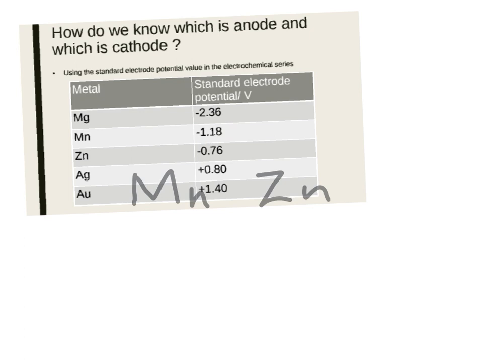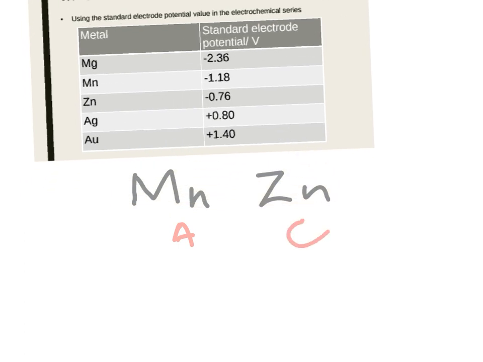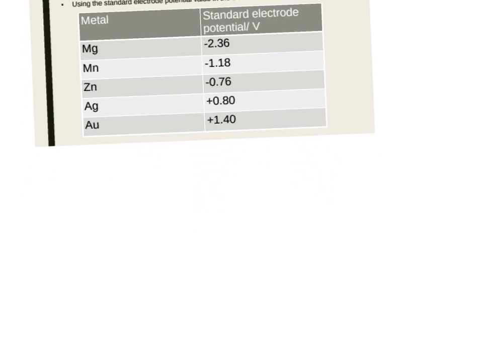So it is obvious manganese is the anode and the zinc is the cathode, right? And if we are given Ag and zinc, right? Zinc has the value of negative 0.76, Ag has 0.8, so the more negative one, that means zinc, is the anode.